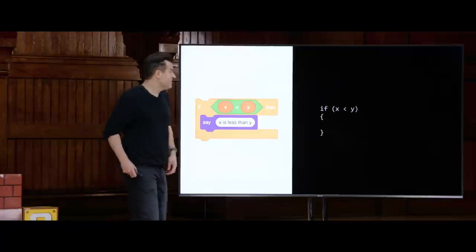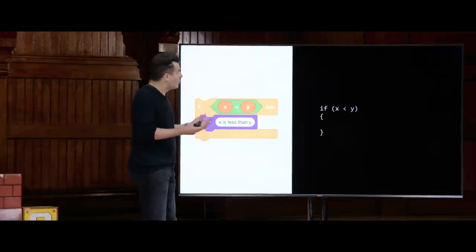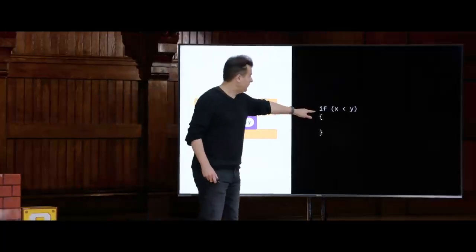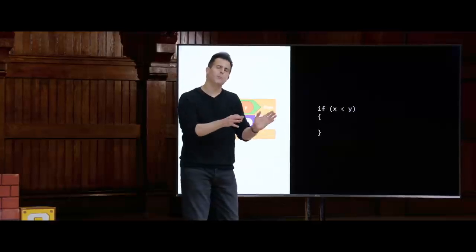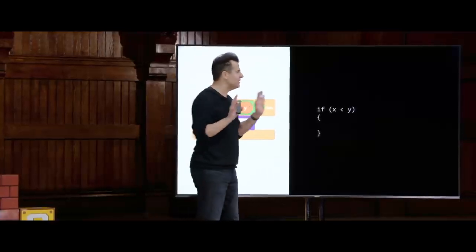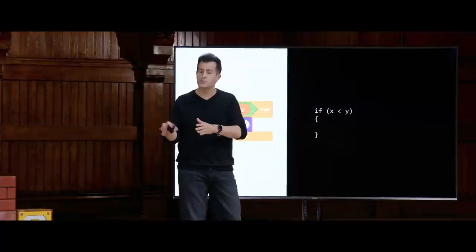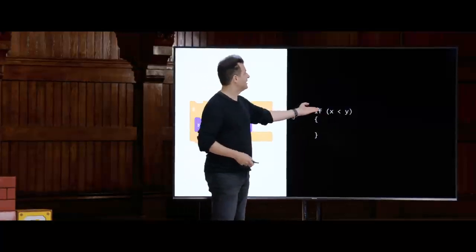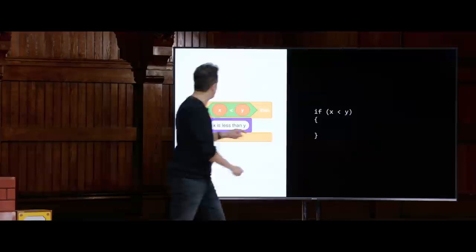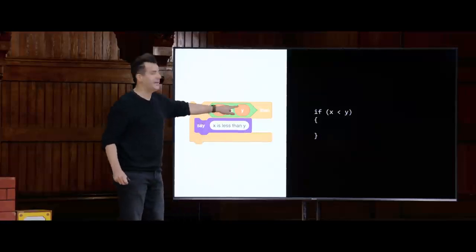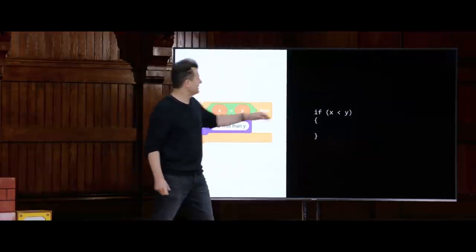In C, it doesn't look all that different. It's a little more cryptic, but you say literally if. You use parentheses, similar to functions, but confusingly by convention, you put a space after the word if. So you don't put spaces after function names. You do put spaces after words like if. And you use the parentheses to conjure up this weird trapezoidal-like shape. So there's no real keys that kind of conjure that.